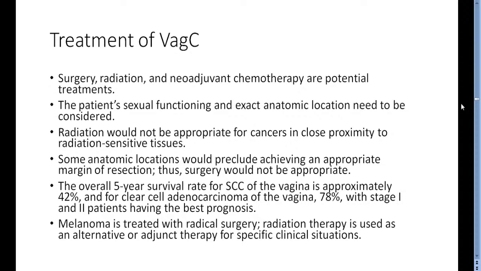The overall 5-year survival rate for squamous cell carcinoma of the vagina is approximately 40%, and for clear cell adenocarcinoma, 78% in stage 1 and 2 patients, so they have quite a good prognosis. Melanoma is treated with radical surgery. Radiation therapy is used as alternative or adjunct therapy for special clinical situations.